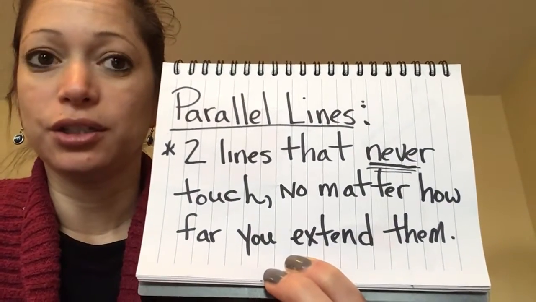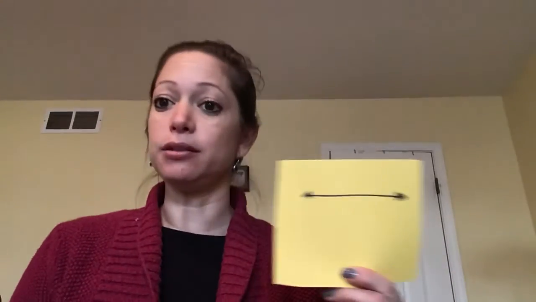Let's take a look at my trusty board here, and I'm going to show you what I mean. First of all, how many lines did I say that parallel lines have to be? Could it just be one line like this? Nope, you have to have two lines.